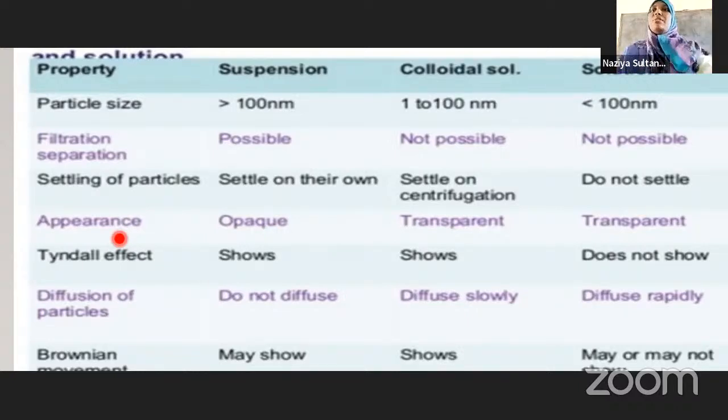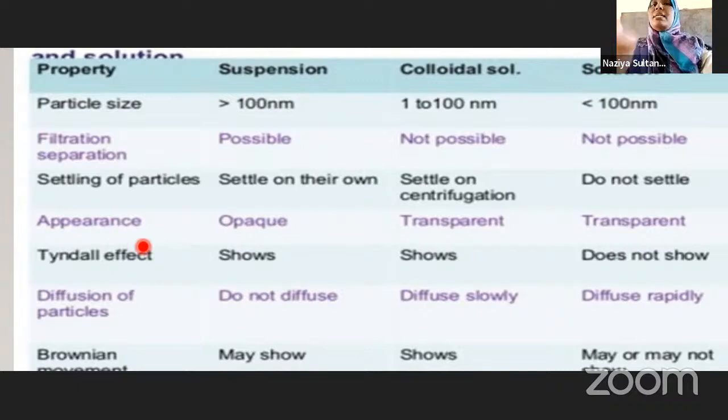Whereas in colloidal solution, it is not possible because the particle size is smaller, so it is easily able to pass through the pores used in the filter. Coming to the true solution, even the components of a true solution cannot be separated by filtration because the particle size is small. Whenever we are filtering, the particles will easily pass through the filter.